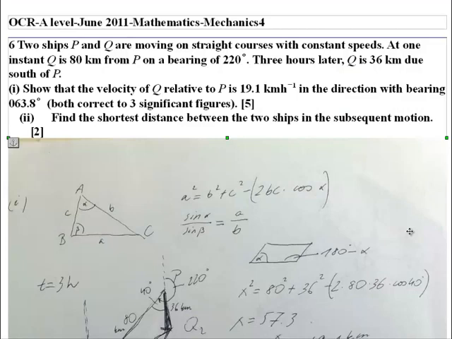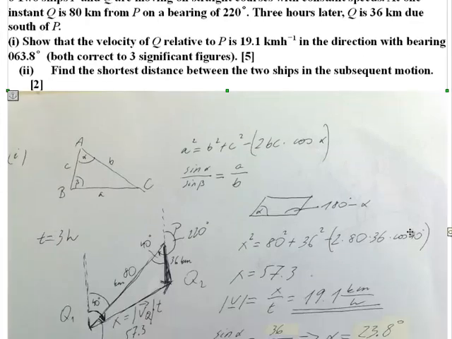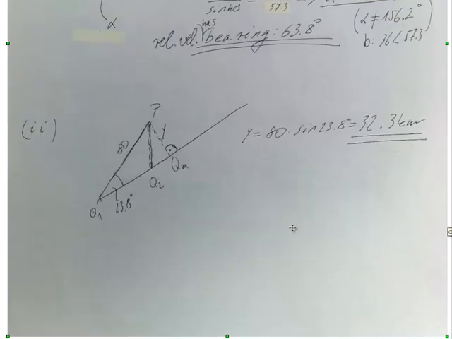Find the shortest distance between the two ships in the subsequent motion. This is the shortest distance between the two ships. We can calculate this from this right triangle.